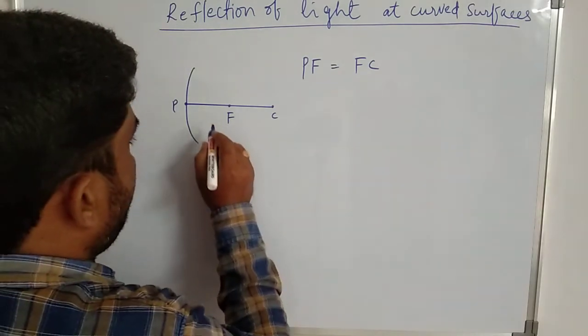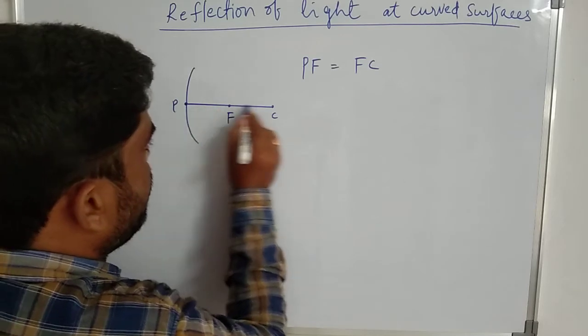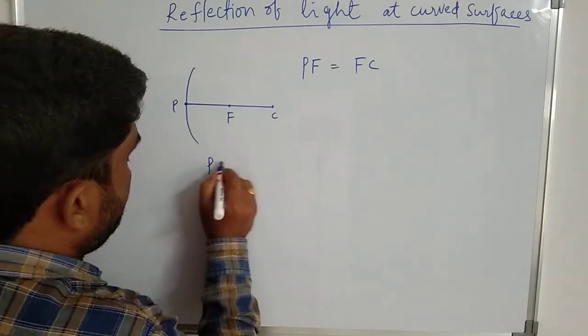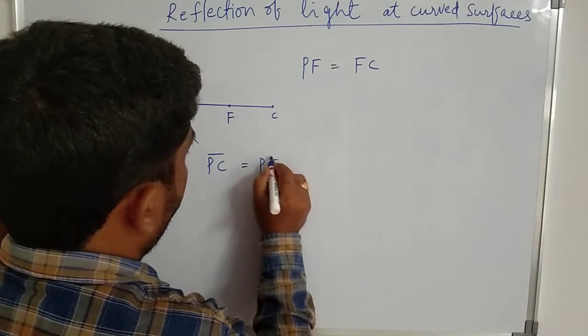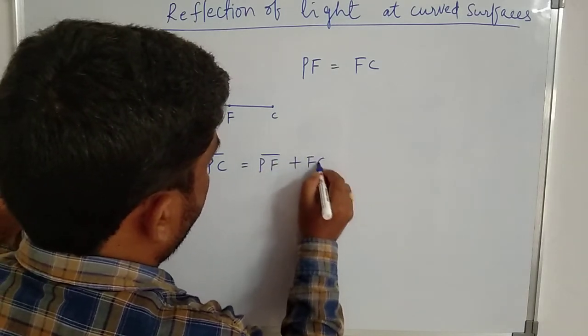If we take this as a line segment, PC can be represented by PF plus FC.